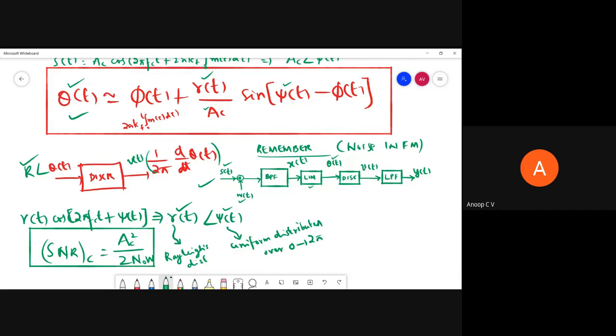You just have to remember this, you don't have to break your head. Just keep this in mind: r of t, the envelope, is Rayleigh distributed, and psi of t is uniformly distributed.